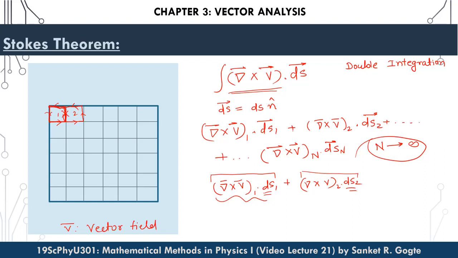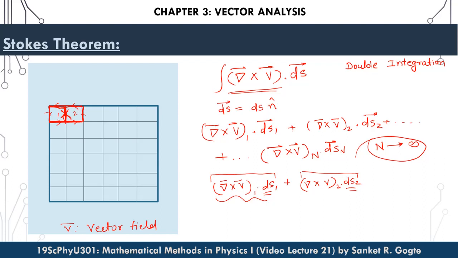Now if you compare this line integration along the line which is shared by these two area elements, what you see is for the first area it is in, suppose, the upward direction as seen on the screen. For the second area element it is in the downward direction, and therefore they are same but opposite in magnitude, and when you consider this sum, this will cancel out, and what you will get is line integration over this larger area which combines ds1 and ds2.